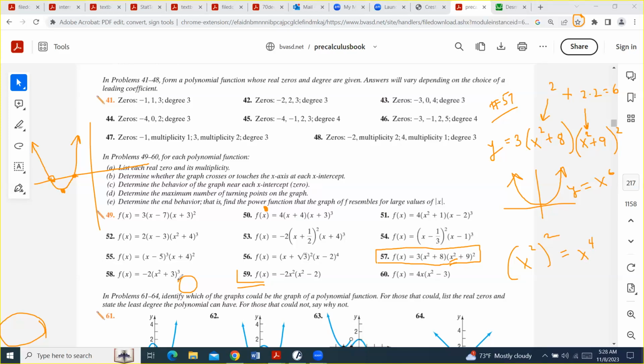So let me do the exercise like number 56, and I'll have you do 59. So let me try to clean this mess again a little bit. Here on the left of it. So for 56, looks like we have 2 parentheses, and they both are raised to the power of 2, right?